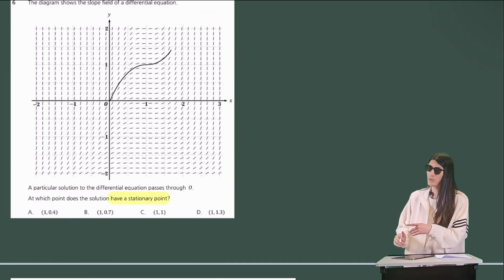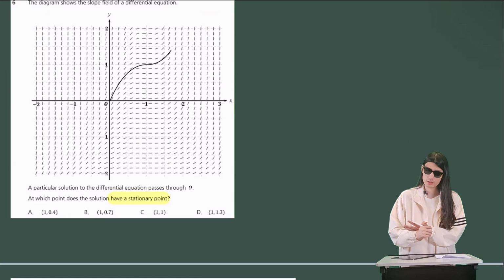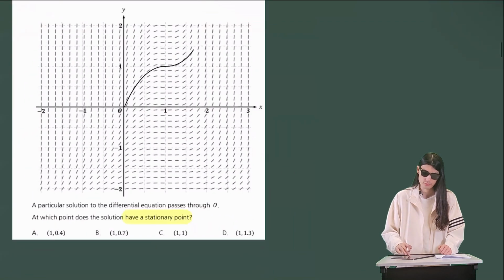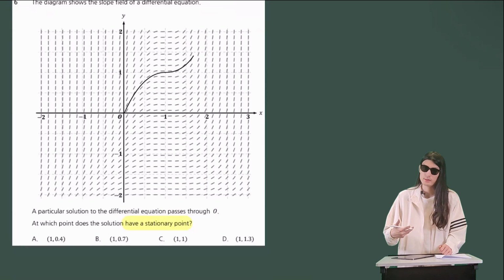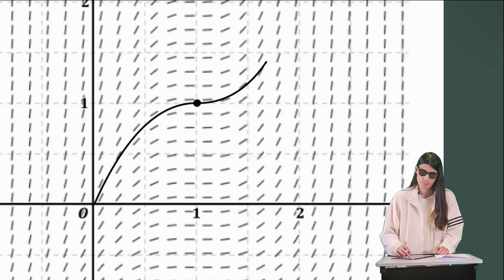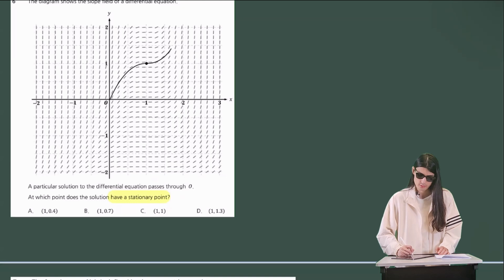This could have been a maximum, it could have been a minimum, it could have been a horizontal point of inflection, but by carefully tracing the particular solution on your slope field, you can recognize that it's the horizontal point of inflection which occurs at the point 1, 1. Therefore, C.